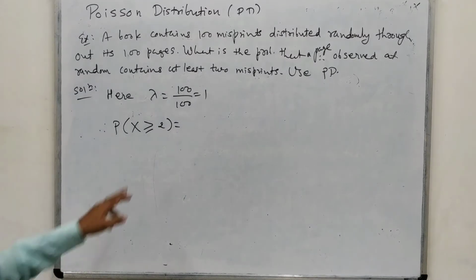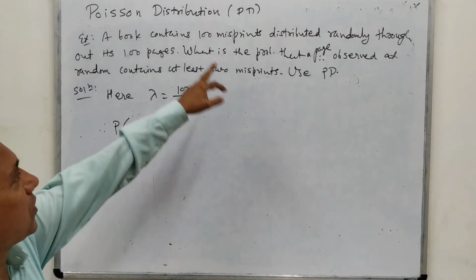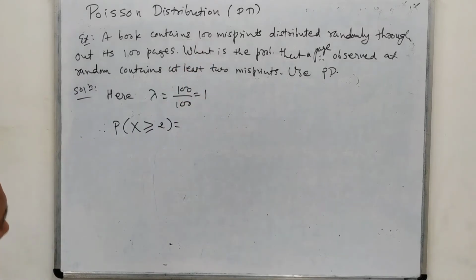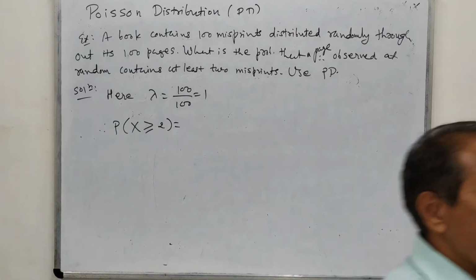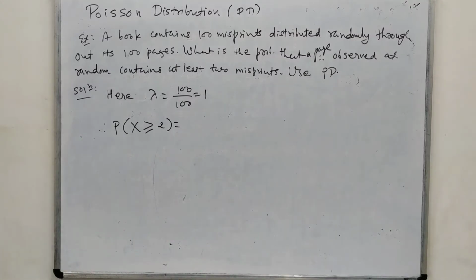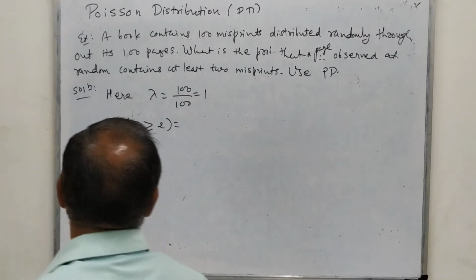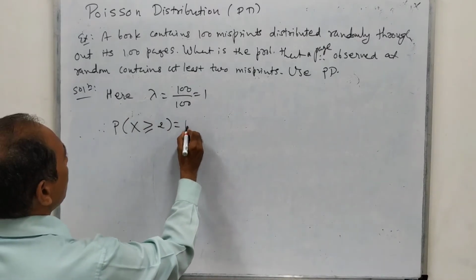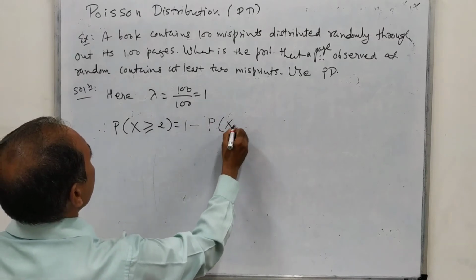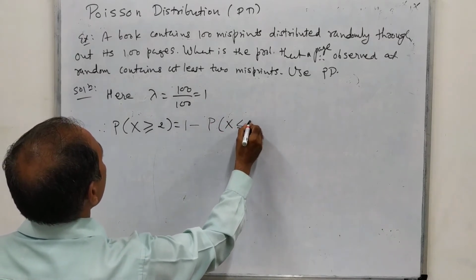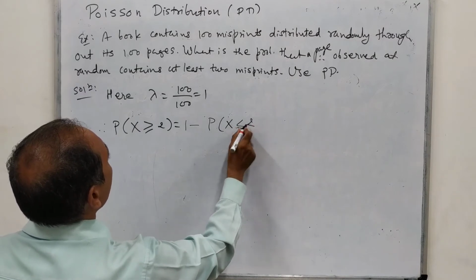That means it can continue from 2 up to 100 because 100 misprints are there. So we need to find f of 2 lambda, f of 3 lambda, f of 4 lambda up to f of 100 lambda. But this is very tedious work. So instead of this, we know that total probability is always equal to 1. So we can have this as 1 minus probability of x less than 2.